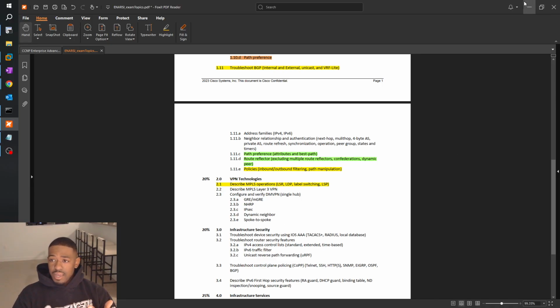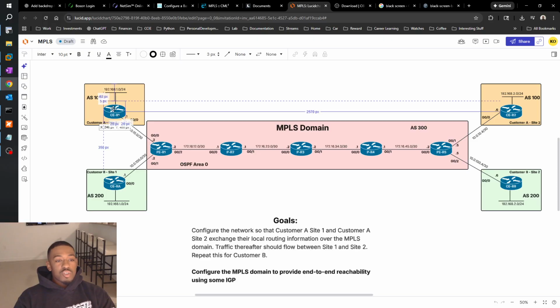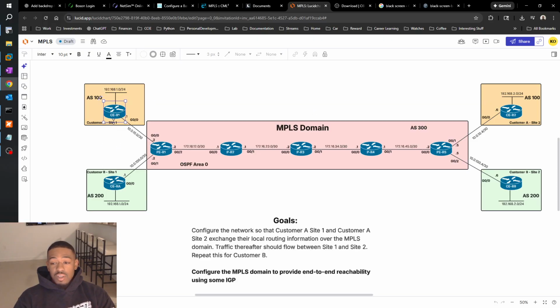So yeah, back to the lab. The lab is going to consist of me configuring and explaining the ideas behind MPLS. But to get to the MPLS part, we have to configure the actual network, right? We need to be able to communicate with the internal network of CER1 and get that traffic over to the internal network of CER2.